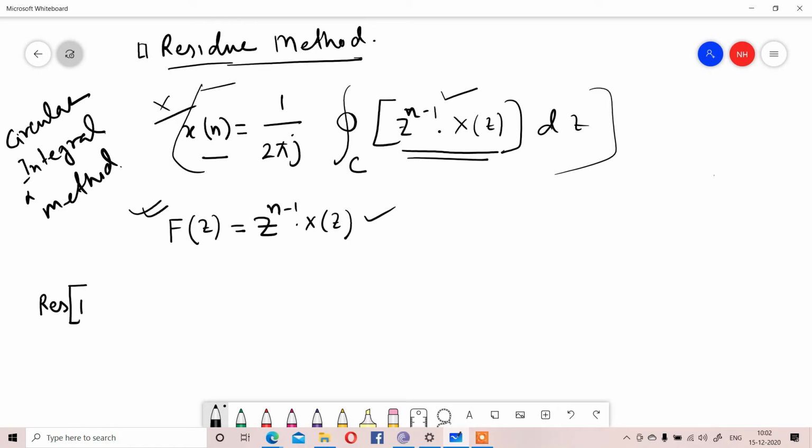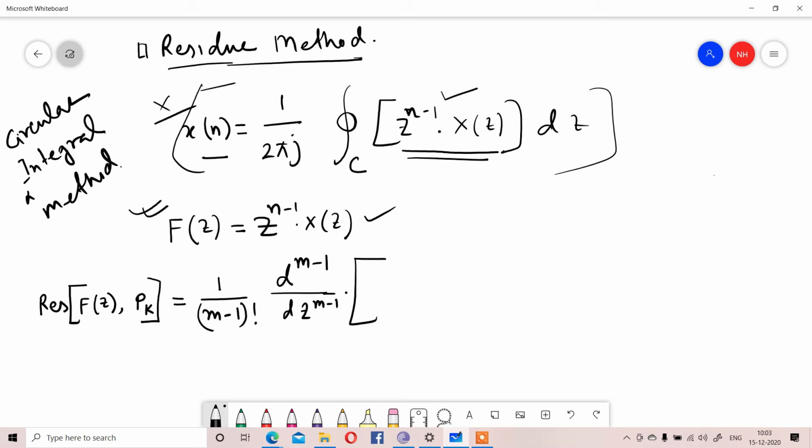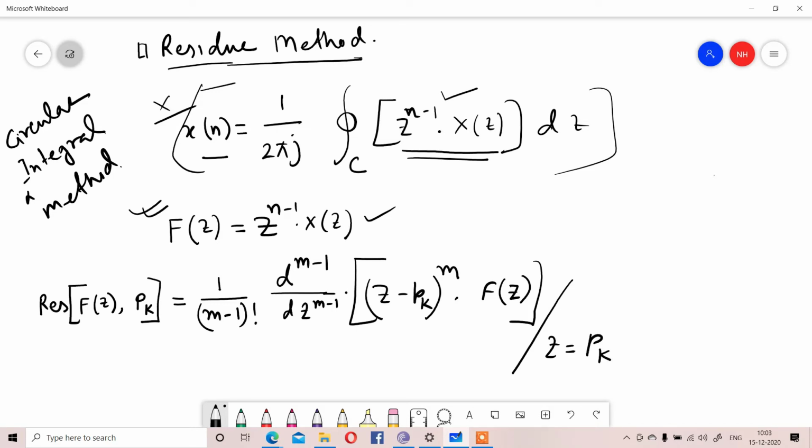Residue of F(z), suppose for pole pk, where k may be 1, 2, 3, any integer, will be 1 by (m minus 1) factorial, d^(m-1) by dz^(m-1) of (z minus pk)^m times F(z), where z equals pk. Just write down the formula, then I am explaining.